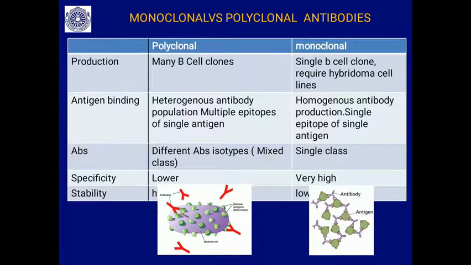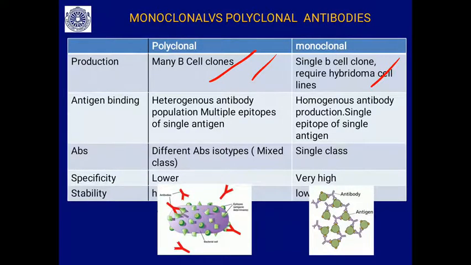Just to understand the difference between monoclonal antibodies and polyclonal antibodies. Polyclonal antibodies are produced by different B cell clones or different B lymphocytes, and they are for different antigenic epitopes, whereas monoclonal antibodies are produced by a single B cell clone, by a single B lymphocyte.